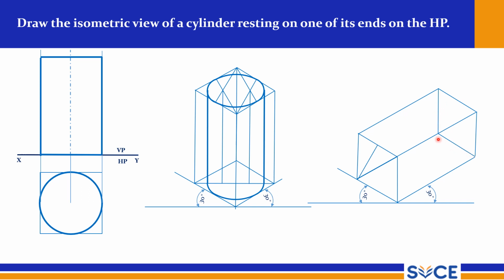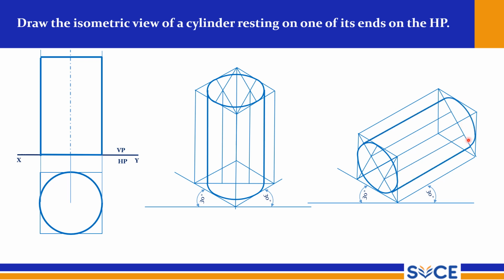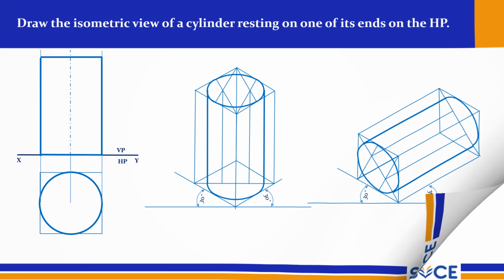A little part of this base goes invisible, so you complete it first here, and then later you can draw the remaining portion here. Using 4 centers you can draw like this. So this is the sleeping cylinder.